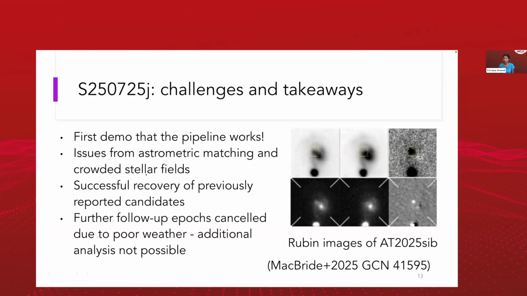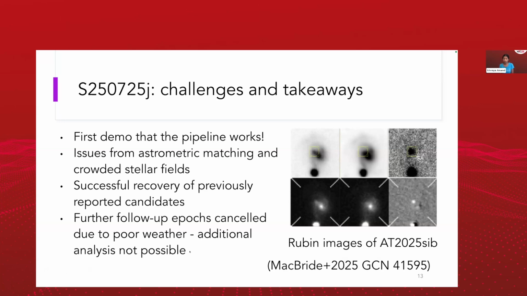But we encountered several issues due to astrometric matching and the fact that we had to observe a very low galactic latitude portion of the field, which resulted in many stars that were contaminating our difference images.